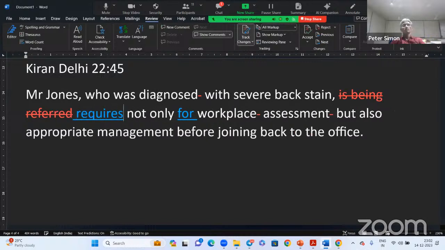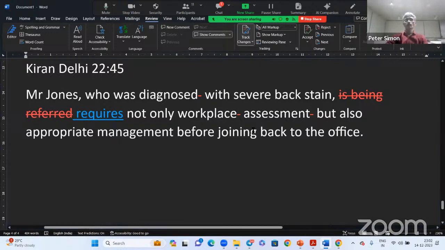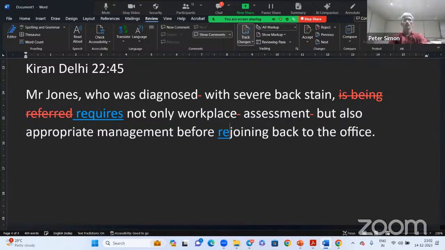Requires not only workplace assessment, but also appropriate management before rejoining the office.